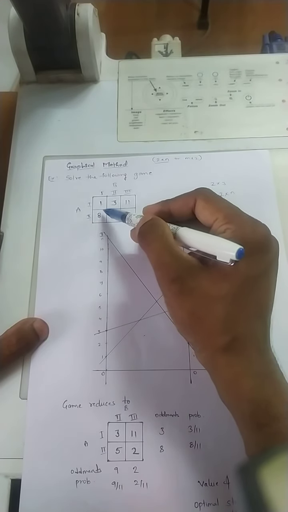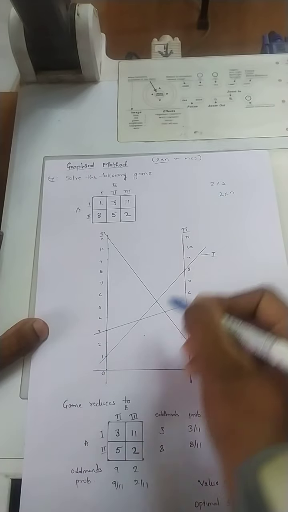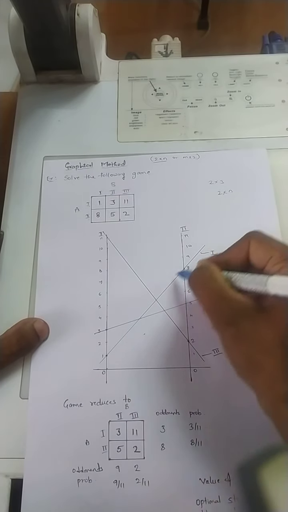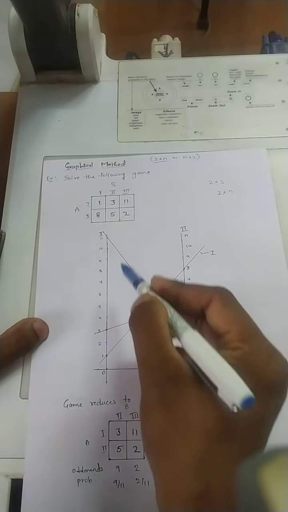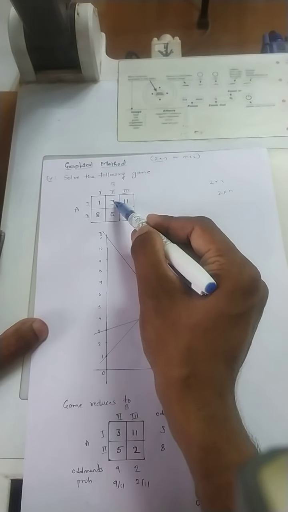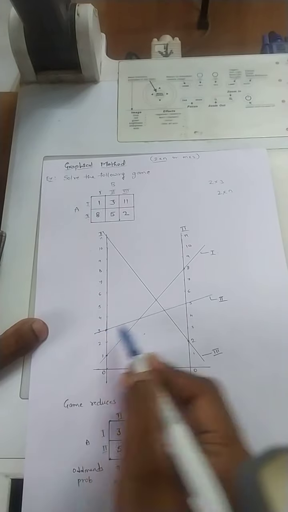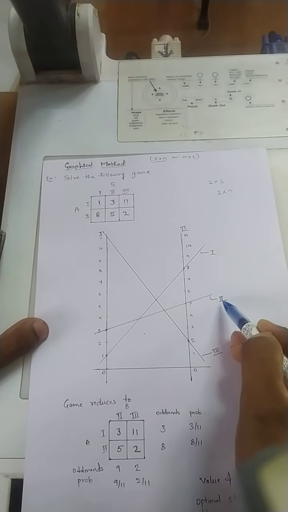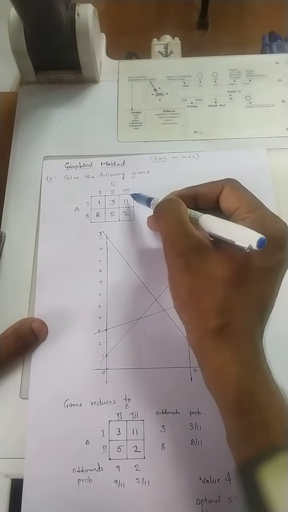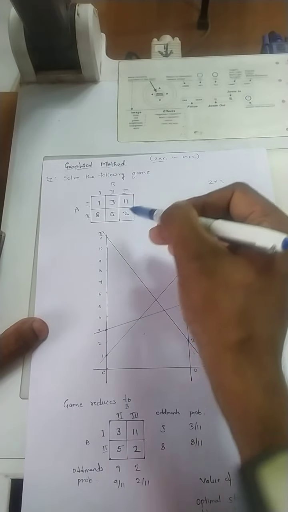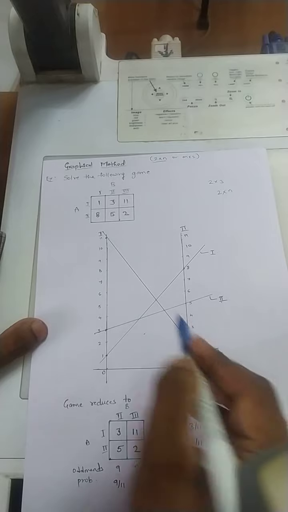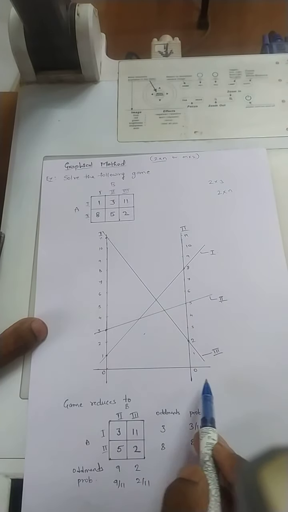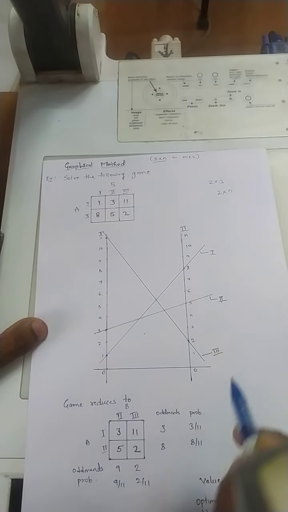So 1 on the first line, 8 on the second line, and join these two and mark it as the first strategy of B. Then the second strategy of B is 3 and 5, so join these two and write it as second. The third combination is 11 and 2: 11 on the first line, 2 on the second line, and join these 2 points and mark it as the third strategy of B.